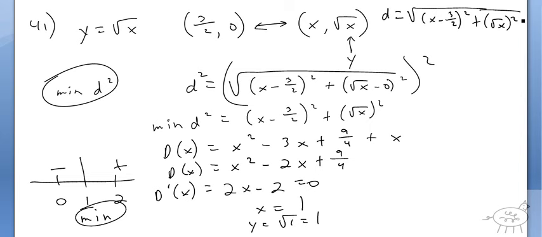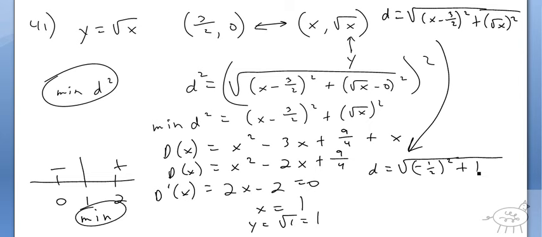If I plug that value of x in, I get D equal to the square root of (1 minus 3 halves, which is negative 1 half) squared, plus 1, since the square root of 1 squared is 1. So D is equal to the square root of 1/4 plus 1, or the square root of 5/4, and simplified, it's square root of 5 over 2.